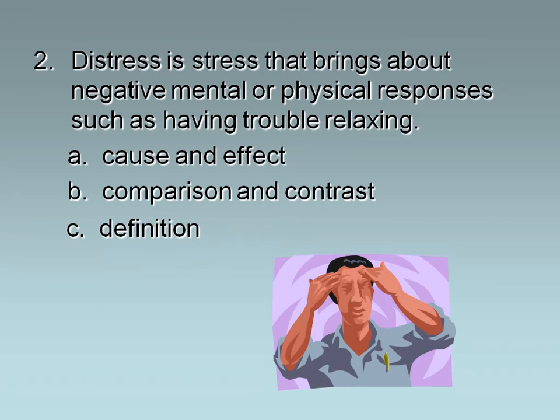Read the second sentence and choose the primary thought pattern suggested by the sentence. Which thought pattern did you choose? Click to see the correct answer. Compare your answer choice to the answer shown. Choice C, definition, is the correct answer.